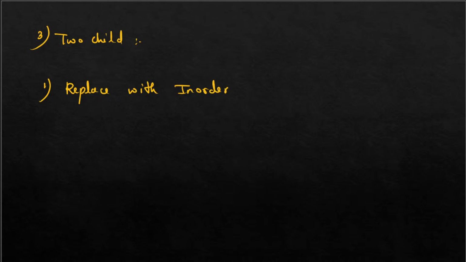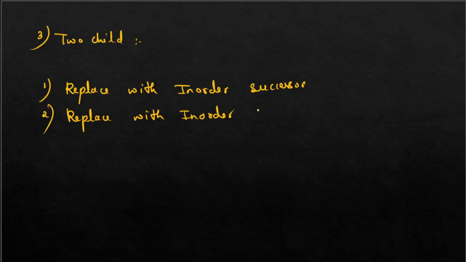Here we first find the successor and predecessor, and replace accordingly. The second is replace with in order predecessor. Either you can do; successor is fine and predecessor is also fine.